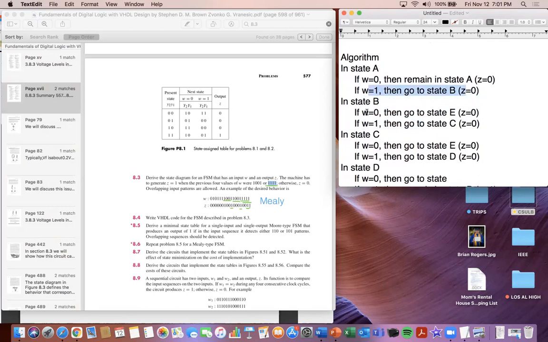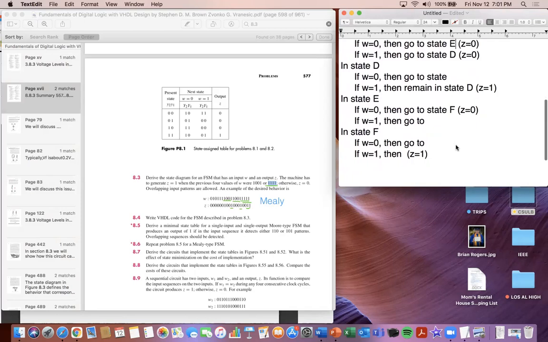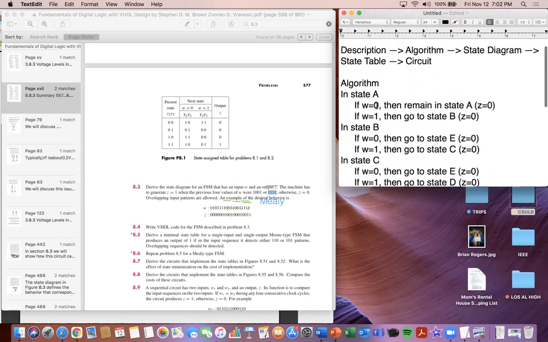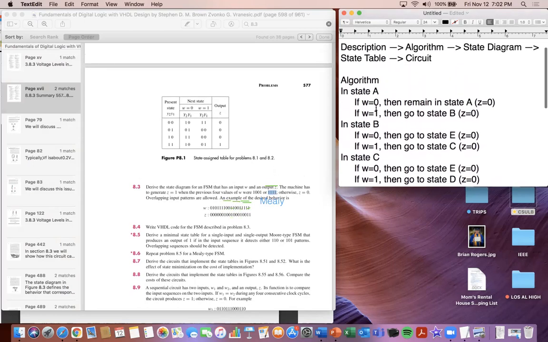Then in state E, it would check if it's 0 and then 1. So that could be the 1, 0, 0, 1. Say in the beginning it was 1, 1, 0, 0, 1. We would check the 1 right there, so that'd check our 1, 0, 0, 1.